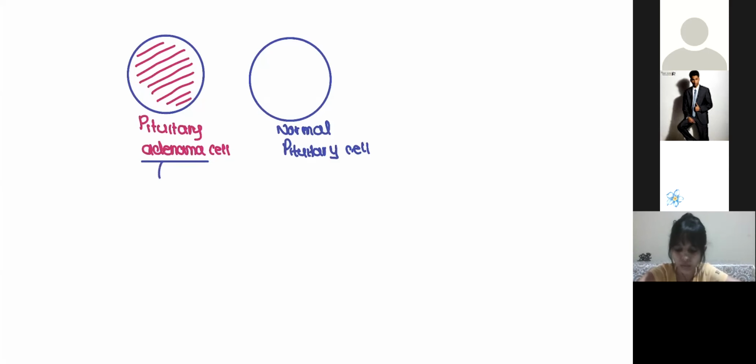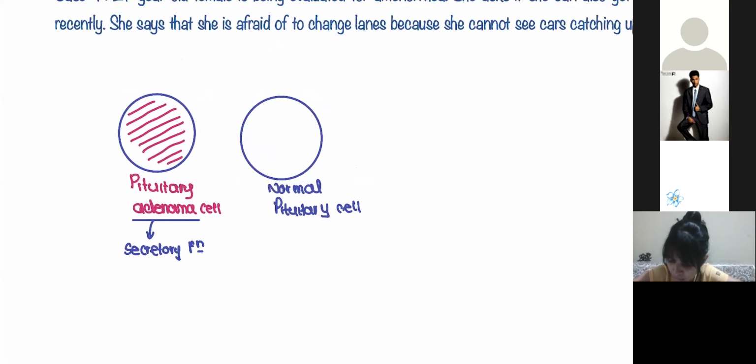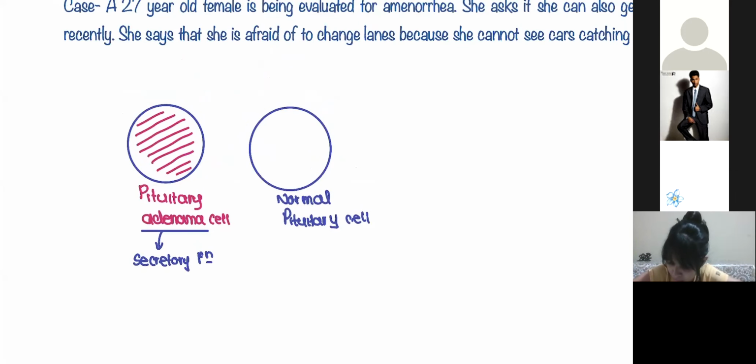So that means it has a secretory function. I will send a video I made for our NMU people. But adenomas are tumors of glandular origin, which have a secretory function.